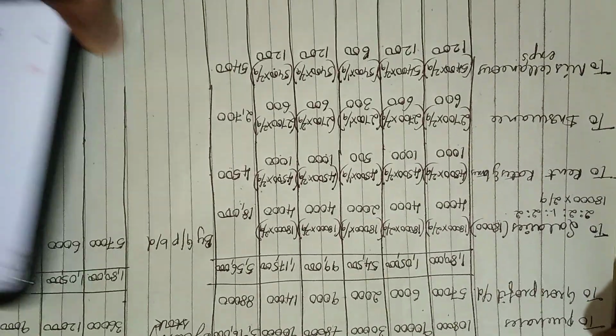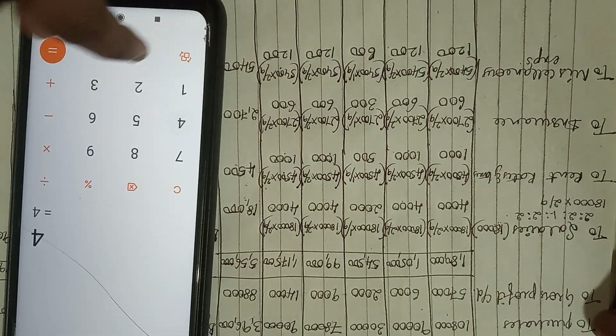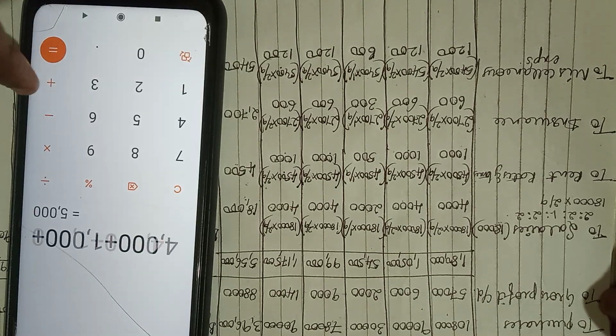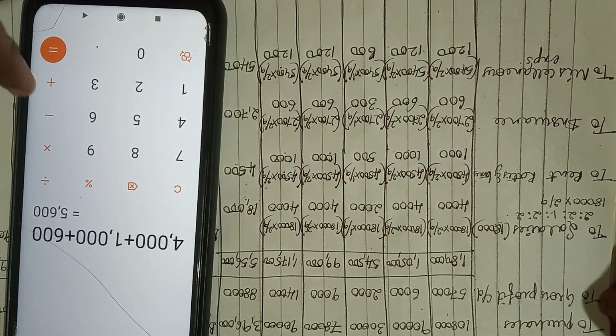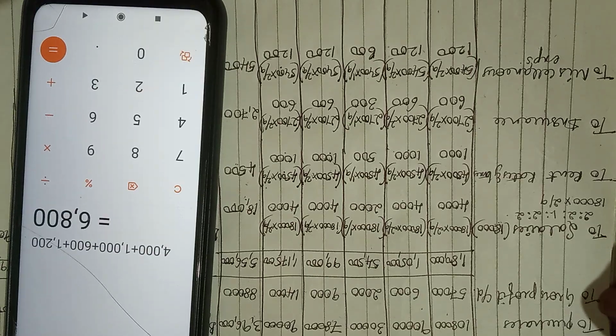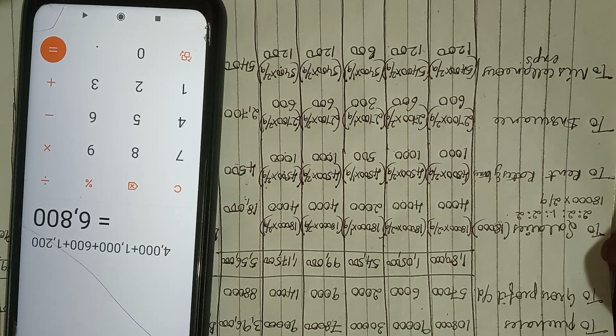Now first let us look into the total of your debit side. Here we have 4,000 plus 1,000 plus 600 plus 1,200. How much is this? You have 6,800, isn't it? So 6,800 is the total here.